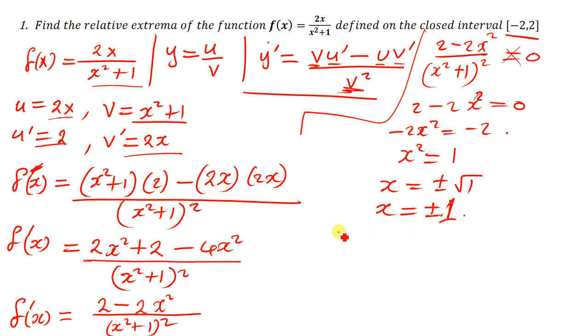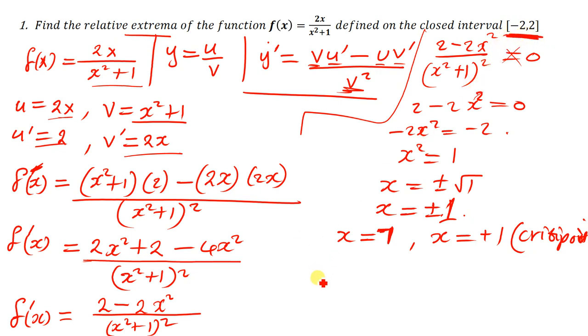So we have two values of x, which is x is equal to negative 1, and the other x value is equal to positive 1. So these are known as the critical points. And then the question is asking us to find the relative extrema in this given closed interval.